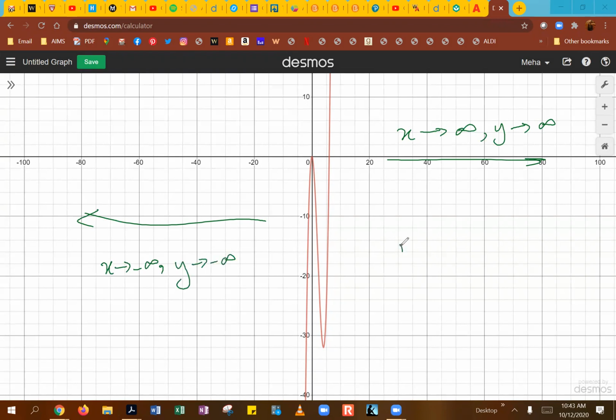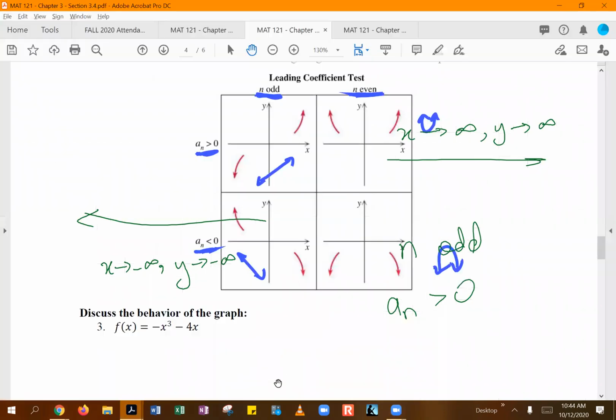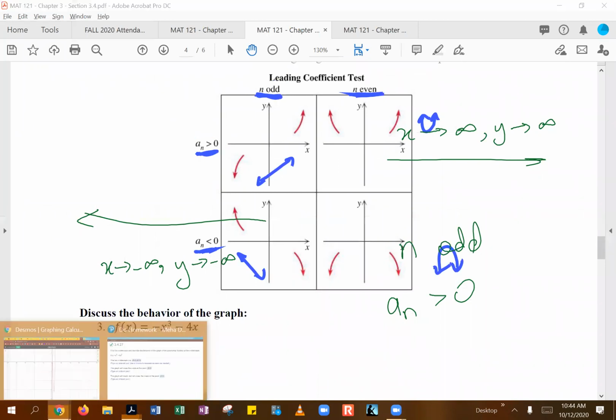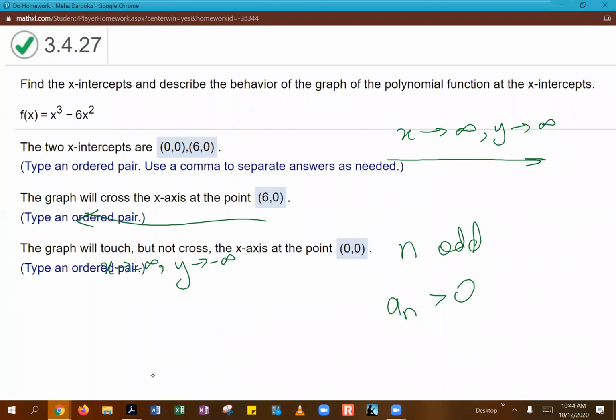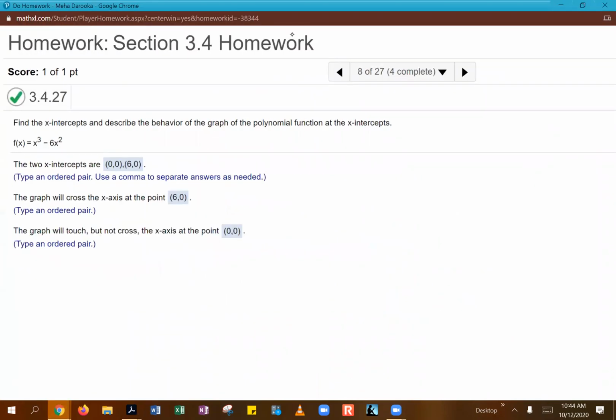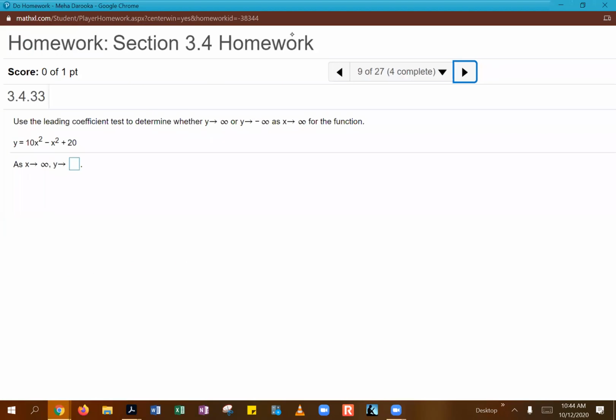And this happens when our n is an odd number and our leading coefficient is positive. So that is exactly what we had over here, odd and positive. Okay, so let's pick some examples from our homework so you can see how this works out.